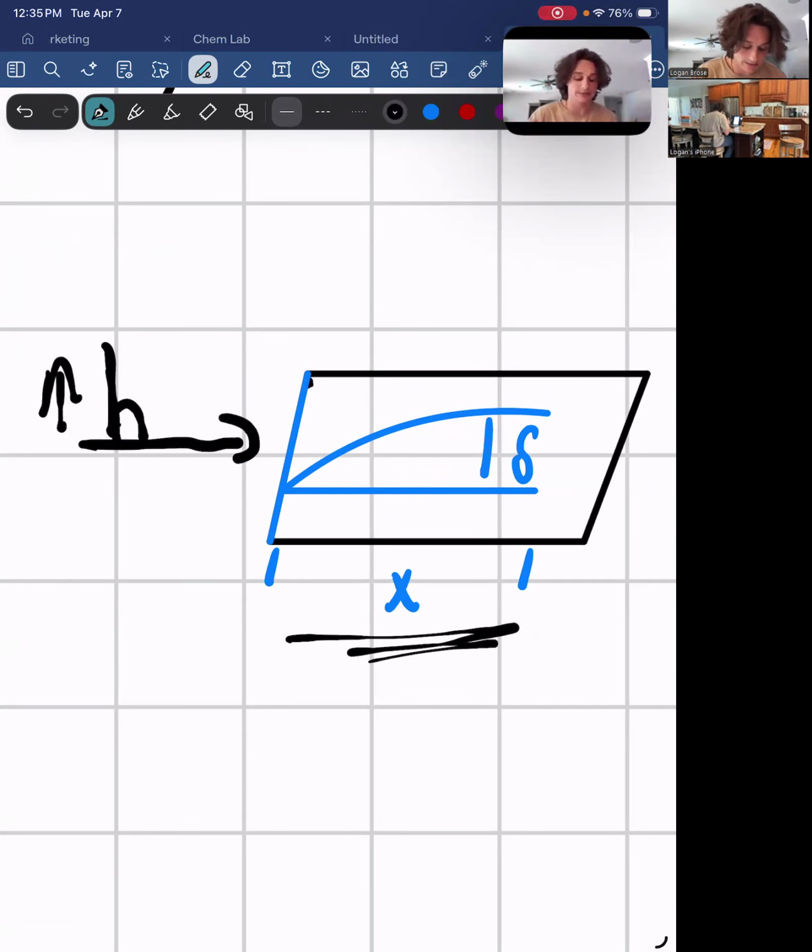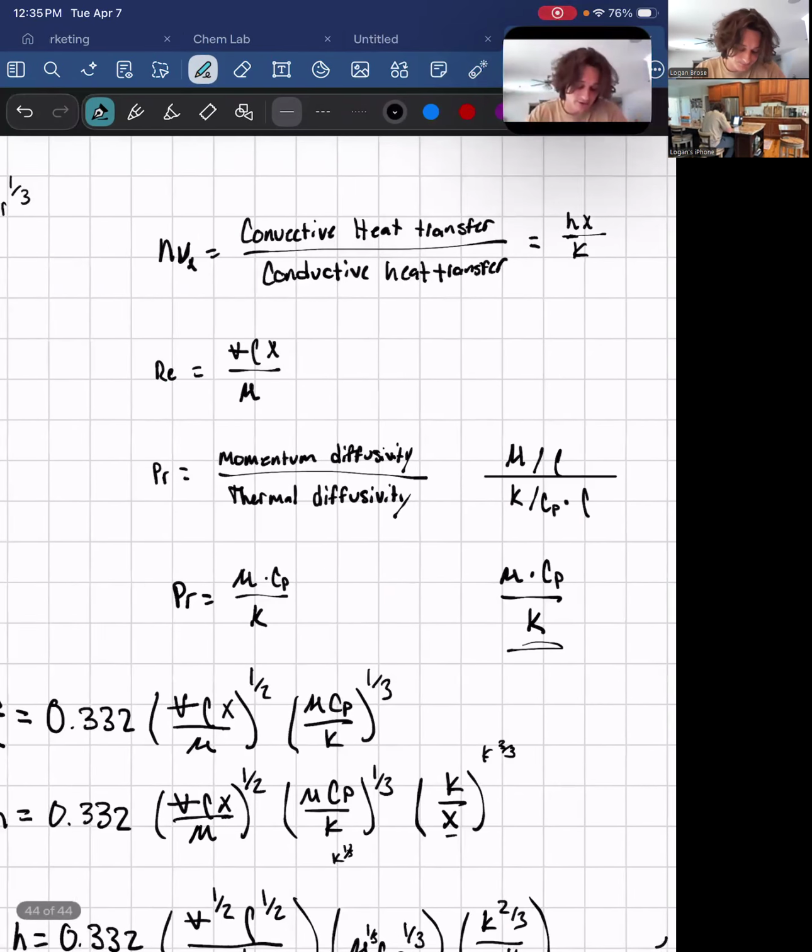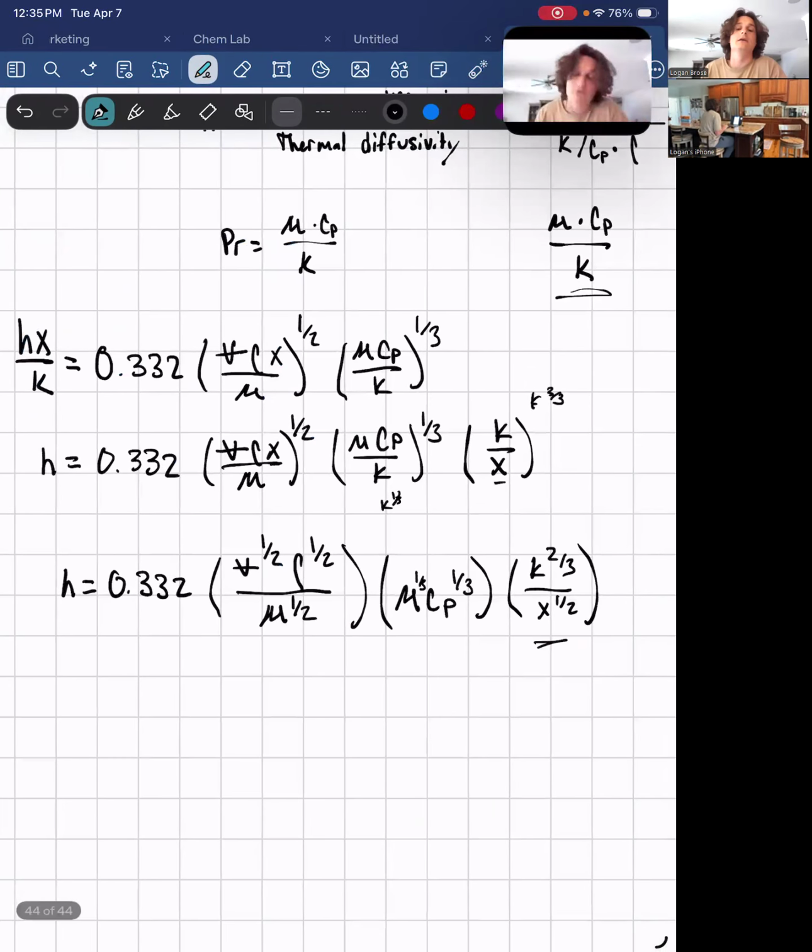Because of that, we want this surface here to be perpendicular to the flow in order to maximize heat transfer, because we don't want this long X value. That would decrease our overall heat transfer. So that is how we use the Nusselt number to maximize heat transfer in laminar flow over a solid plate.